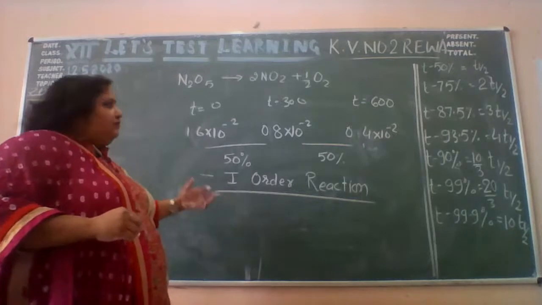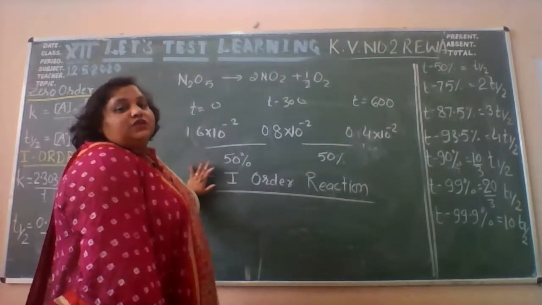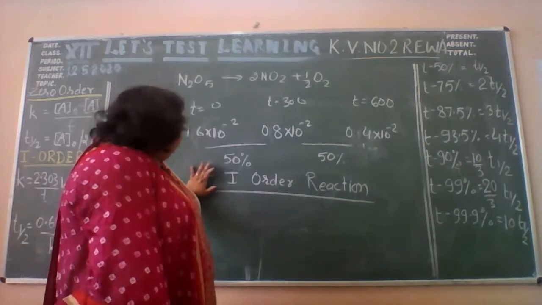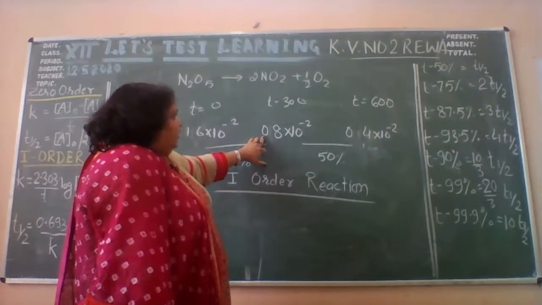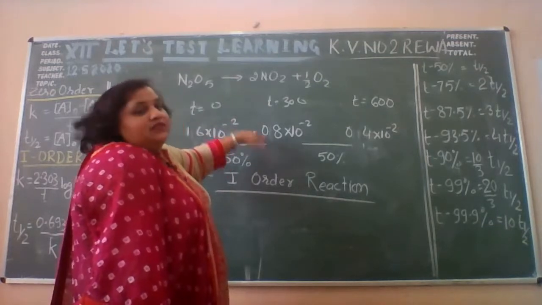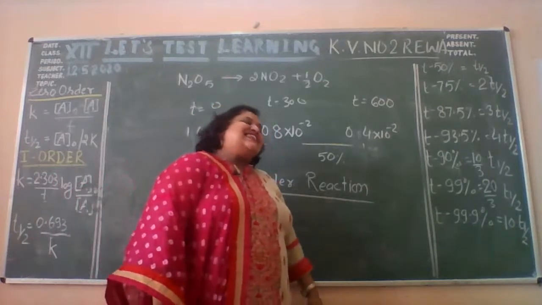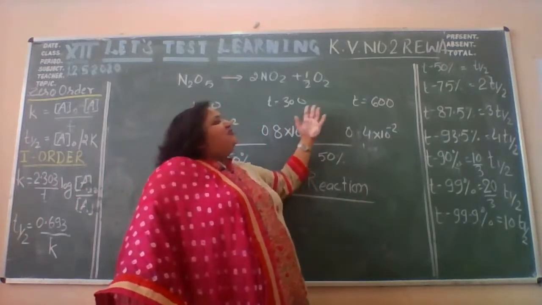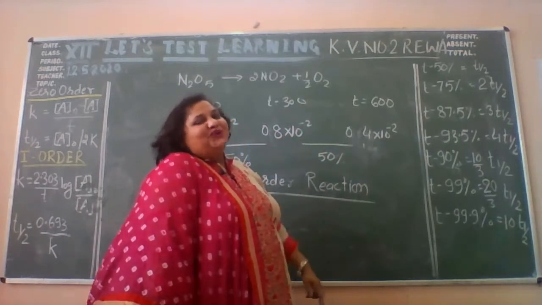You must compare, right? The second part of the question was, find the half lifetime, right? What is happening here? 50% is completing here, right? That means the half lifetime period is again 300 seconds. Here also 50% is completed, right? 8 to 4, right?